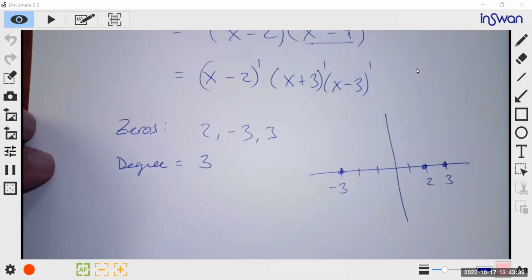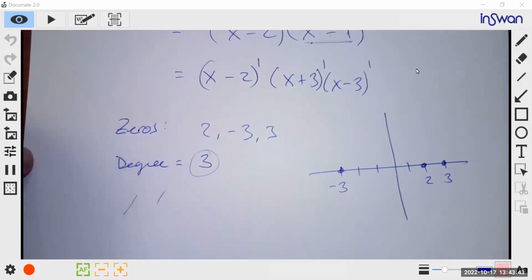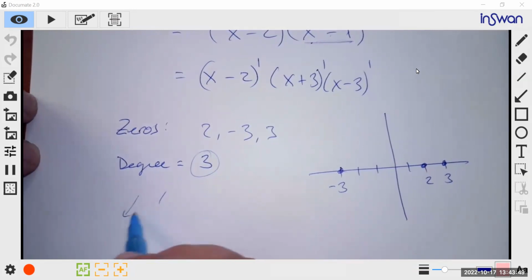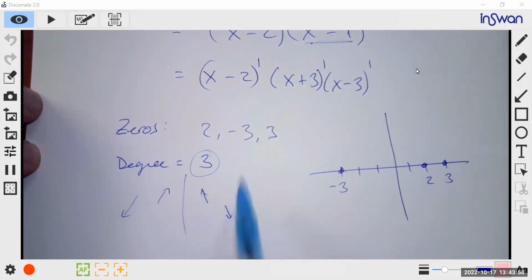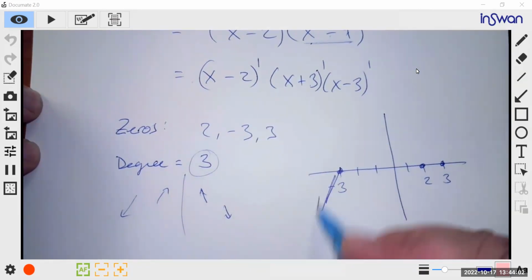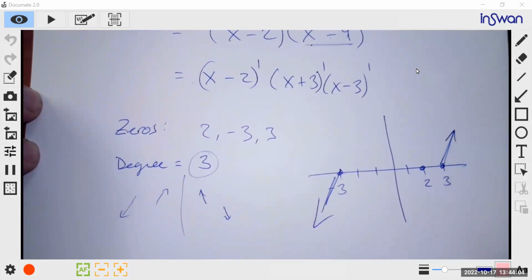Okay, because it's an odd degree, we know the ends have to point different directions. Is it going up or down? Is it like this, or is it like this? Right, because the coefficients are all positive, we know that this one has to go down, this one has to go up.